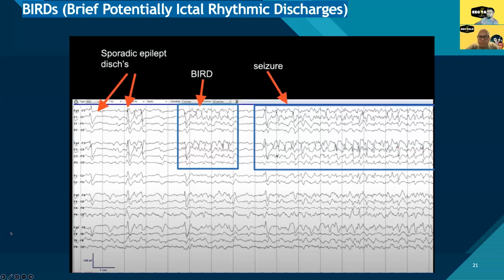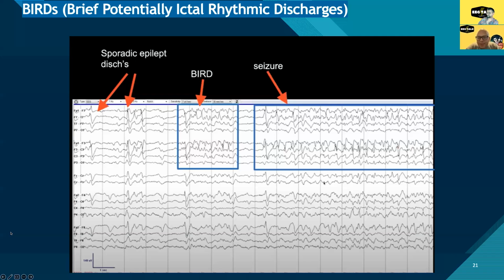So do you want to take the seizure? Yeah, actually, I'll also note that they are in the same location as the spikes, the sporadic discharges we were seeing earlier. And they're also in the same location as the seizure that we see there on the right. So the seizure is just kind of a long bird, or a bird is a short seizure.